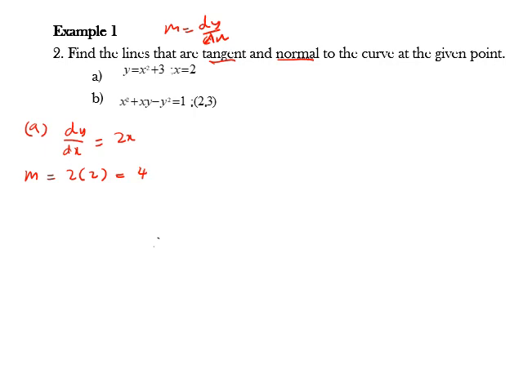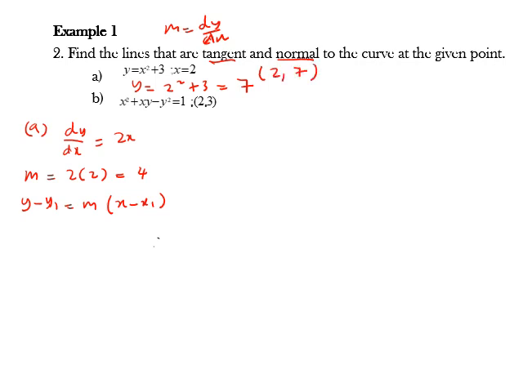To get the tangent line, we have the equation y minus y1 equals m times (x minus x1). So what is your y1 here? You need to substitute in this curve to get the value of y. So y equals 2 squared plus 3. When x equals 2, y must be equal to 7. So the point here is (2, 7).